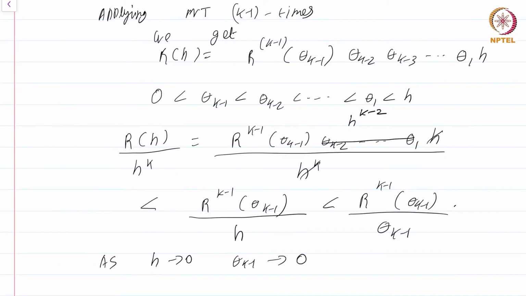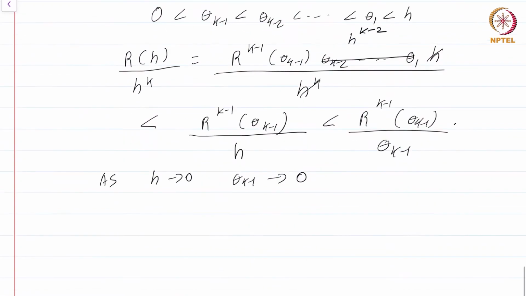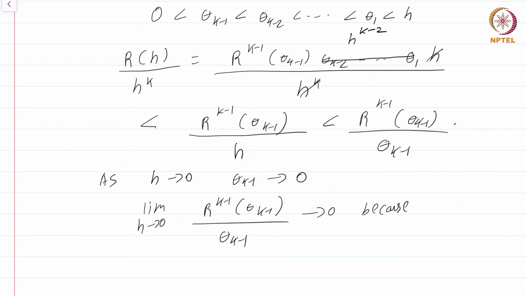We don't know how it goes to 0, but it certainly is going to go to 0, right? That means the limit as h goes to 0 of r^(k-1) of theta k minus 1 by theta k minus 1 just converges to 0 because this is just the derivative r^(k) at 0, right?